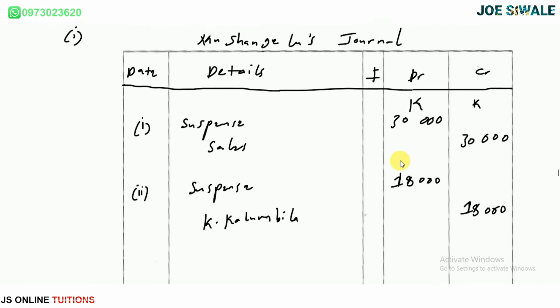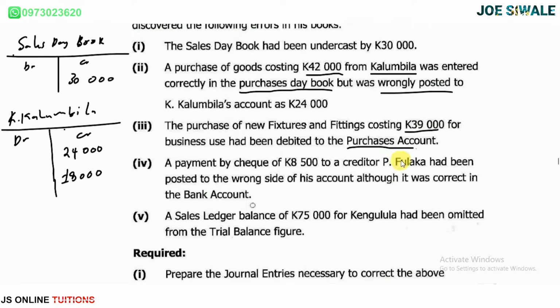And how we are going to show it there, since we purchased new fixtures and fittings, we can put here fixtures and fittings. For the fixtures and fittings account, if we have our debit there and if we have a credit, that means we need to debit that amount to fixtures and fittings as 39,000.